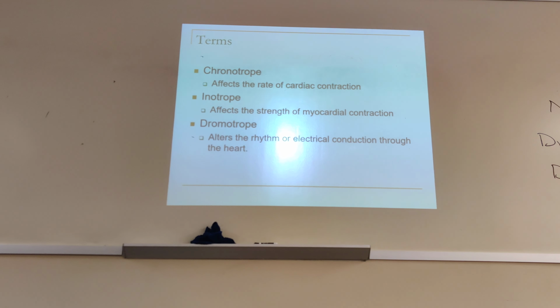And then we have dromotrope. A dromotrope is a drug that alters the rhythm of electrical conduction through the heart. Like lidocaine. Lidocaine is an antiarrhythmic agent.